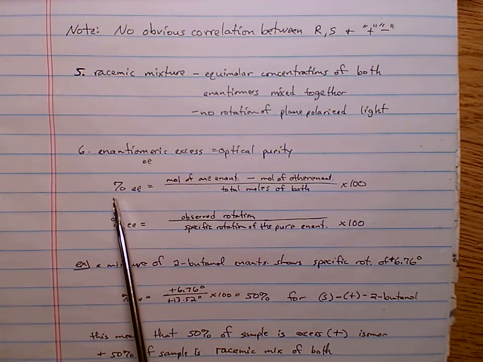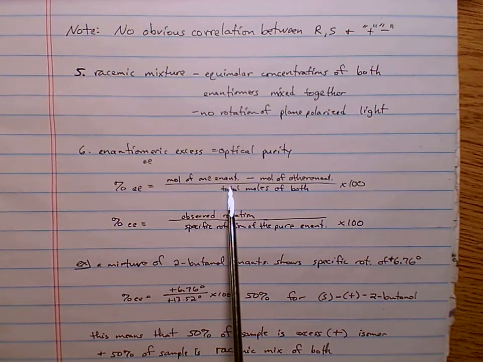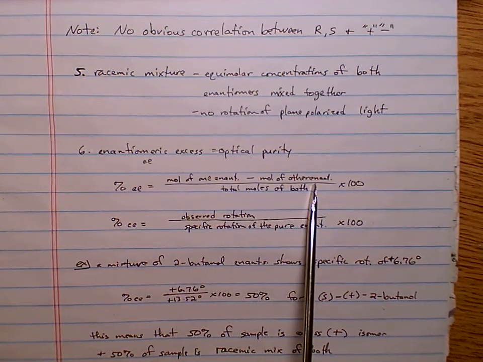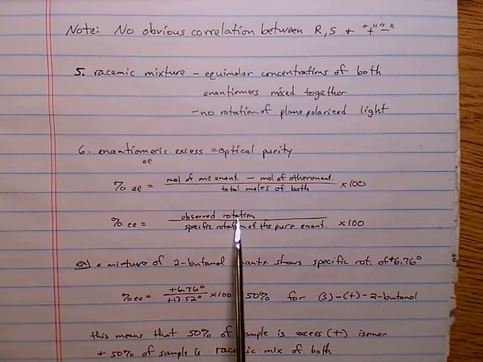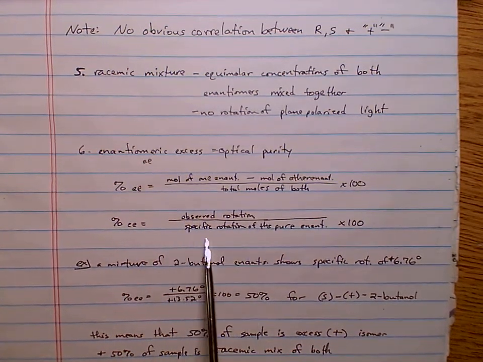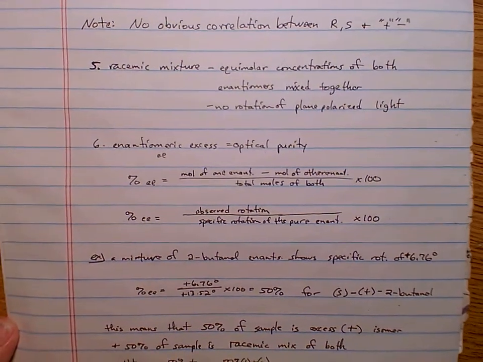The percent enantiomeric excess is the moles of one enantiomer minus the moles of the other, divided by the total moles of both. You can also get it from the observed rotation divided by the specific rotation of the pure enantiomer. We're not going to get into it. Some people really get jazzed by enantiomeric excess. I'm not one of those people.